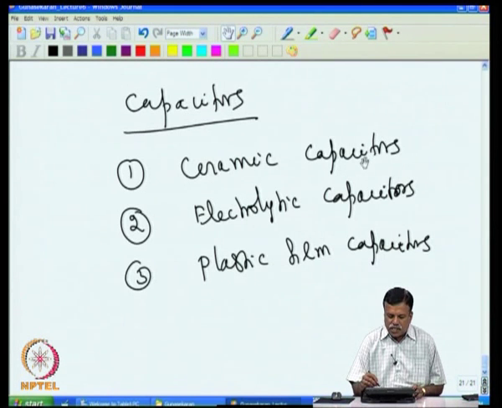So, ceramic capacitors have a large temperature coefficient. Electrolytic capacitors also have a large temperature coefficient. Plastic film capacitors have a very low temperature coefficient. There are various other properties which we will see in the next class, but we have to worry about these properties also, and select capacitors correctly for proper use.